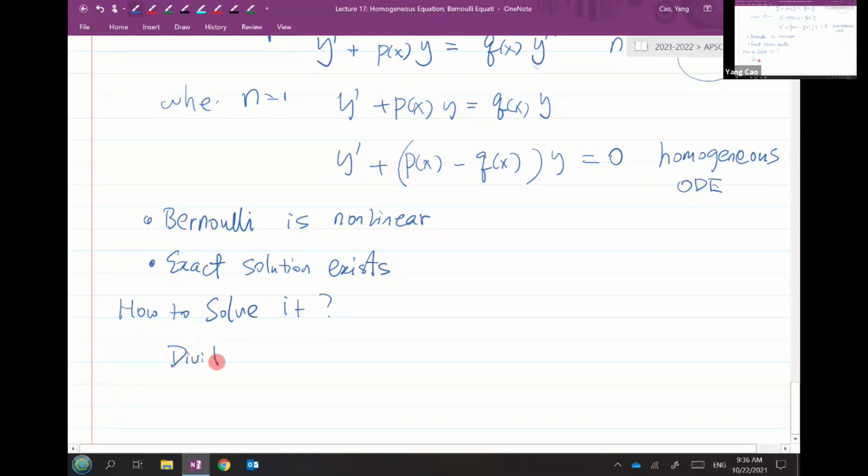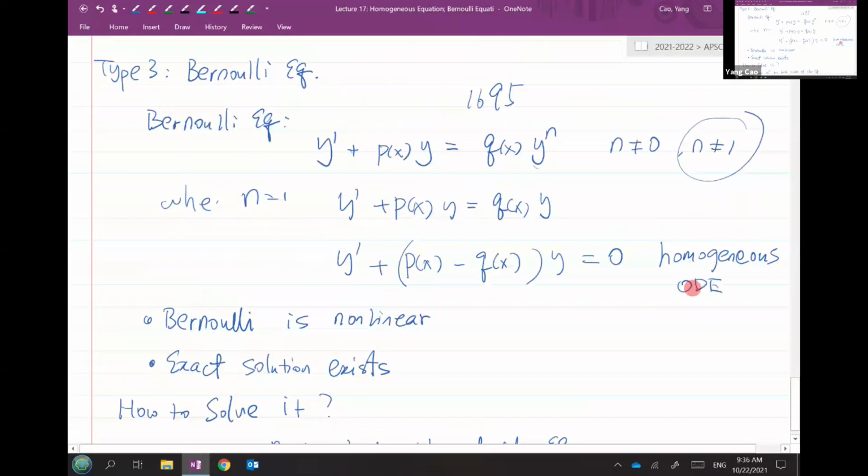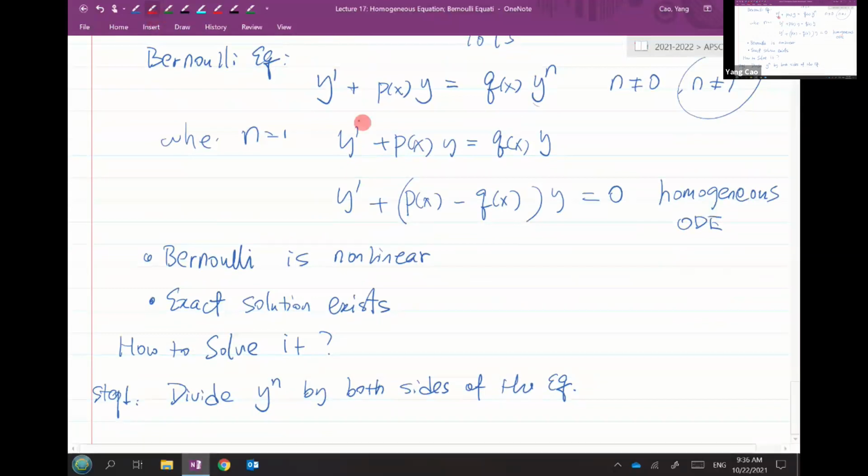First step, divide both sides of the equation by y to the power of n. By the equation, I mean this equation here. So you divide both sides by y to the power n.